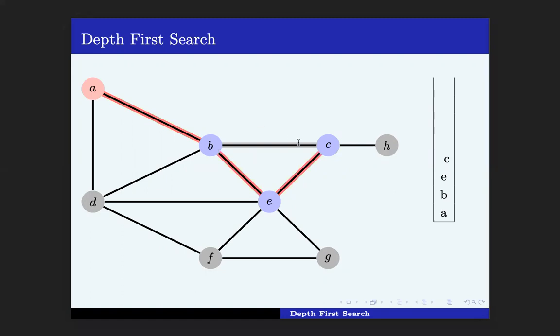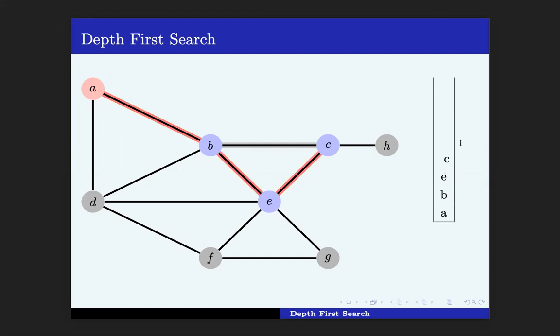There is this gray color. I don't know whether you can see it, but this particular edge has been marked gray. This edge has been visited, but it is not contributing to the edges that help me find a new vertex. So at this point, we don't do anything with the stack.